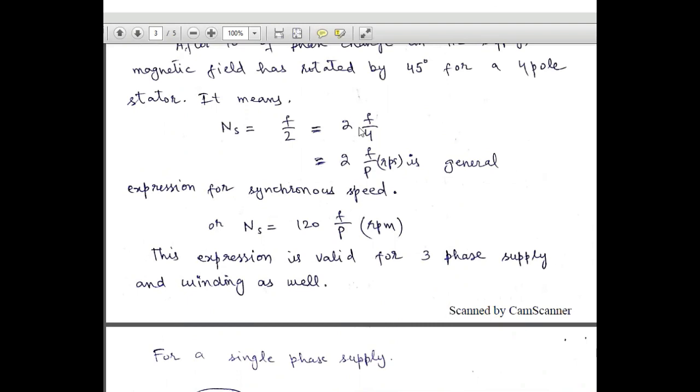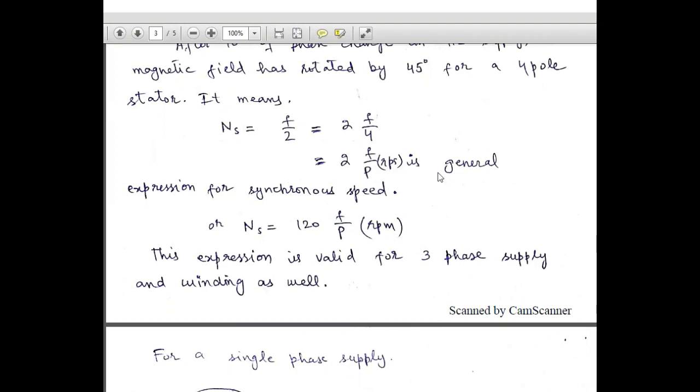It means this constant at the denominator is equal to the number of poles. So we have obtained a general expression of synchronous speed in terms of the frequency and the number of poles. It will be 2f over p revolutions per second.